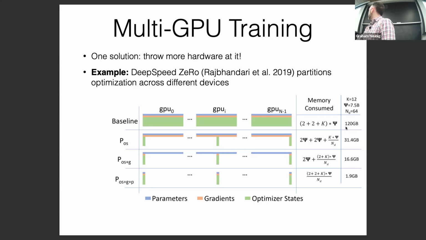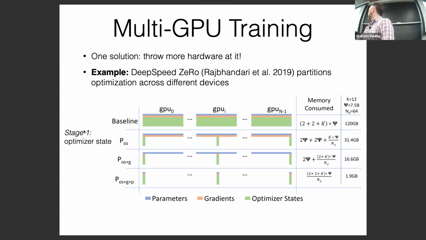This is with 12 bytes for their optimizer state, like I said here. But actually, we can get away with 4 bytes for the optimizer state. So you can train a 7 billion model reasonably easily on one or several devices now with this. This is called stage 1.